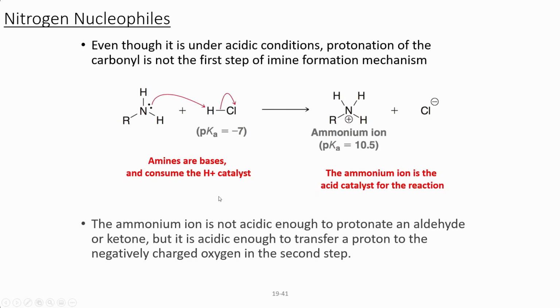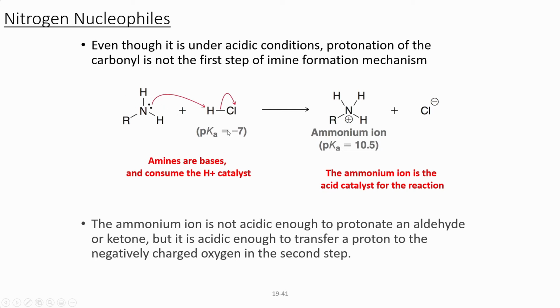So even though this reaction is in acidic conditions, the protonation of the carbonyl is not the first step, and that's because the lone pair on the ketone is not the most basic lone pair in the reaction. The most basic lone pair in the reaction is actually the nitrogen on the amine.